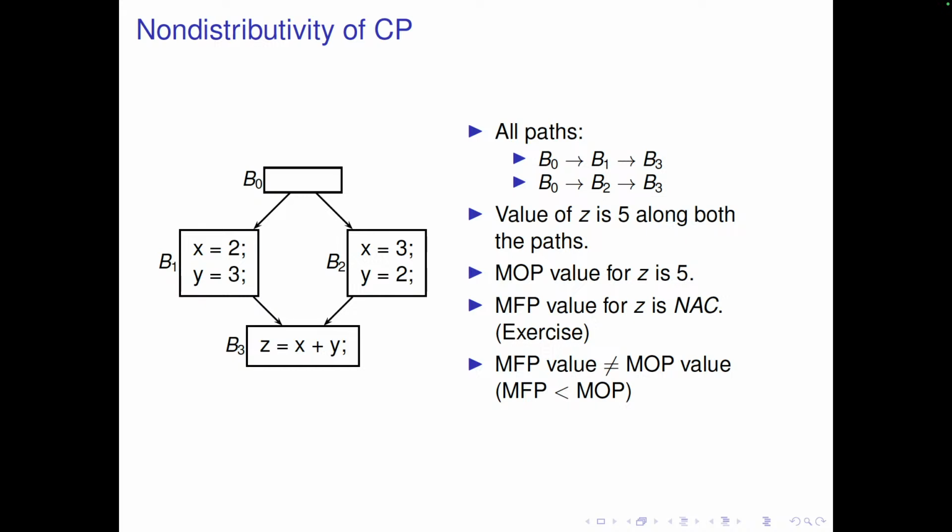We know that x takes constant values, but it can be multiple constants, can be one of these. So that is a non-constant. Classical data flow analysis will treat it as not a constant value, because sometimes it can be 5, sometimes it can be 7 at that same point.